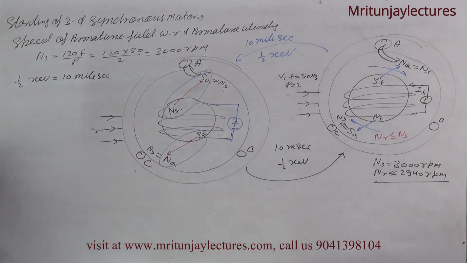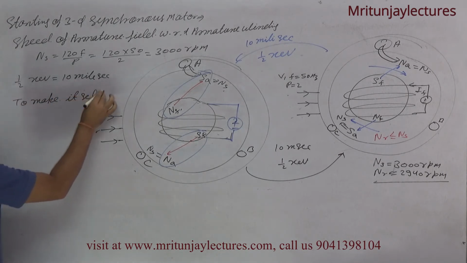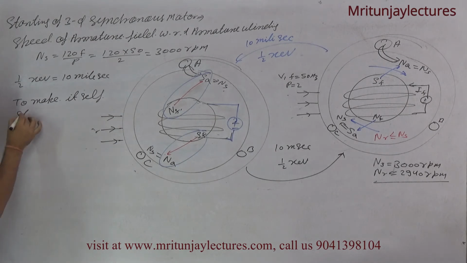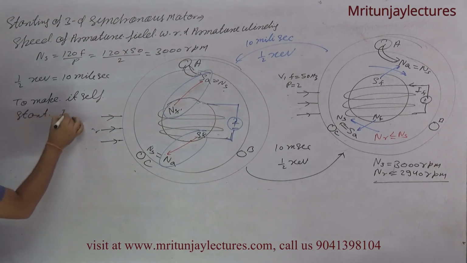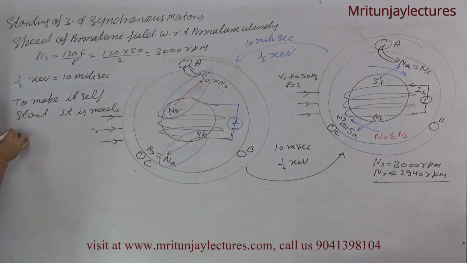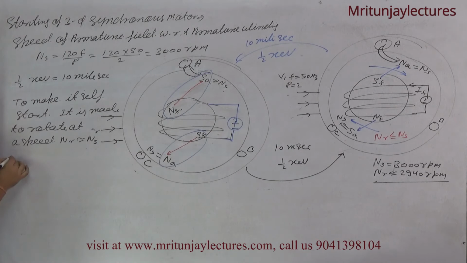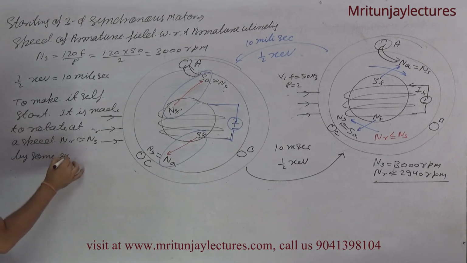First of all, written as: to make it self-start, it is made to rotate at a speed NR closer to NS by some external means.